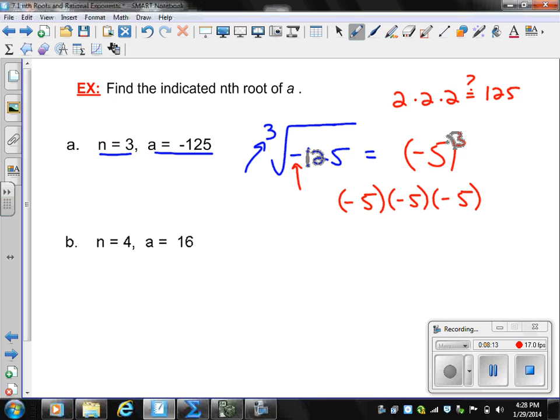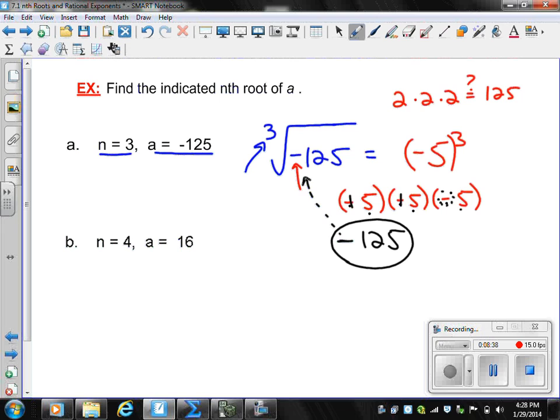Okay, so far so good, because that's what I have here, right? And then I have 5 times 5 times 5, and indeed that is 125. So yeah, there's my check. Negative 5 times negative 5 times negative 5, or negative 5 cubed, is negative 125. So it looks like I found the third root, or the cube root, of negative 125.